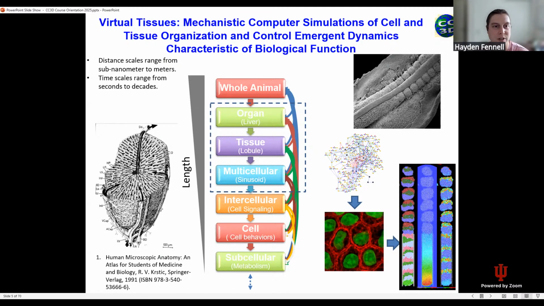Virtual tissues come in a wide variety of scales. The scales range from sub-nanometer to meters, so a whole animal down to subcellular models can be found using virtual tissue approaches. Time scales as well range from seconds to decades in your simulations, just depending on what you're studying. CompuCell3D specializes in what's in the dotted line here in terms of scale.